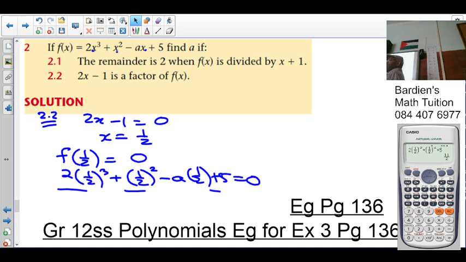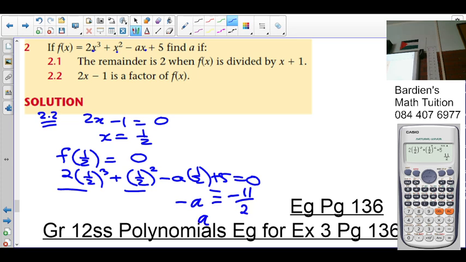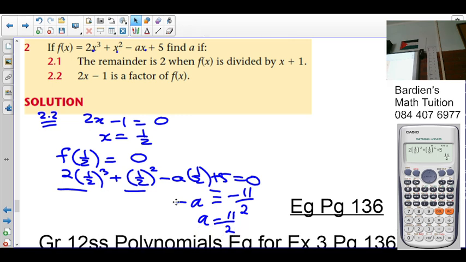That gives us 11 over 2 minus half a, where minus half a is equal to negative 11 over 2. So I divide by half on both sides. The answer is 11 over 2 or 5.5.